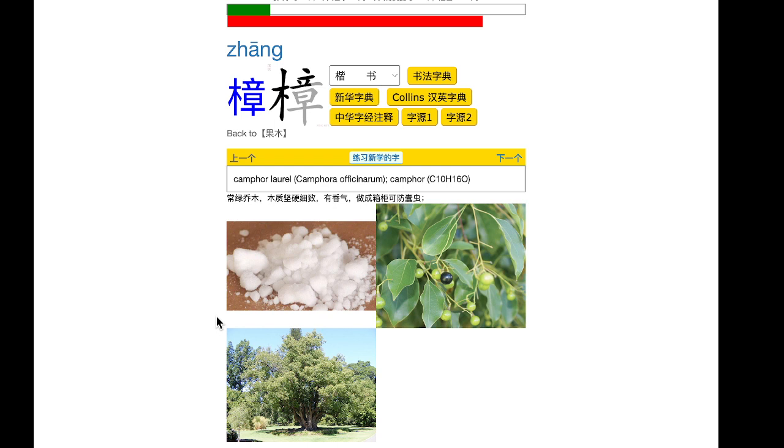Camphor comes from that tree. You can extract oil from it and put it in things. It's one of those essential oils, I think.